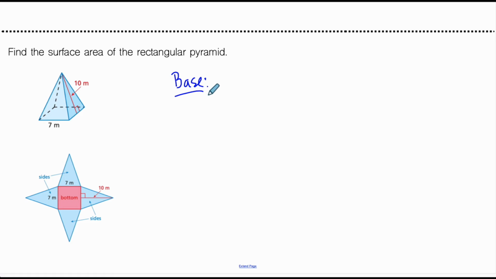In this case, the base, that rhymed, is a rectangle. It's actually a square. I know that because it's 7 meters on all sides. So the area of the base, length times width, is 49.